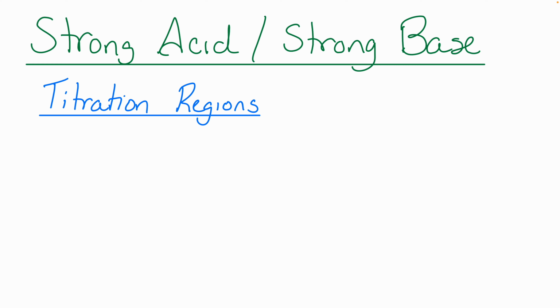In titration region 1, we simply have a solution of strong acid. Cool. So then let's do our region 1 calculation.